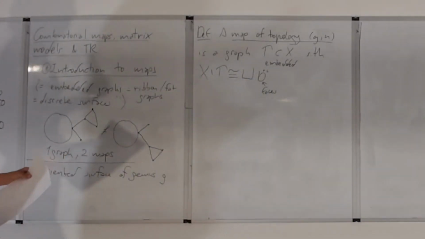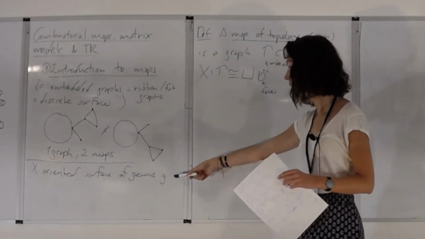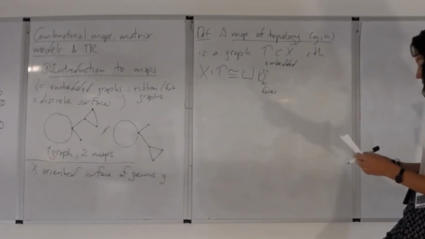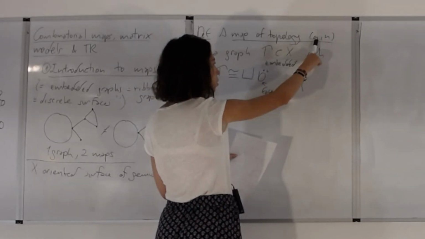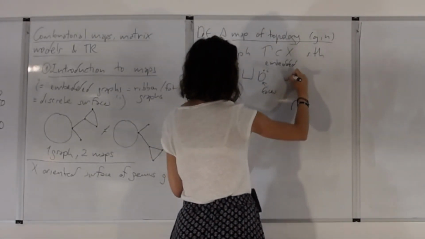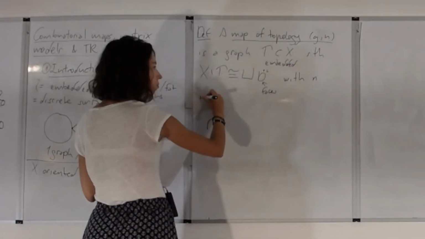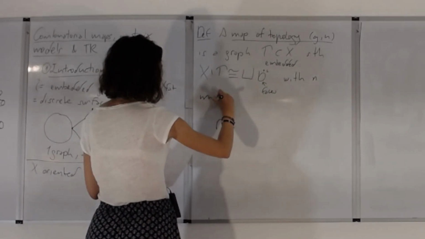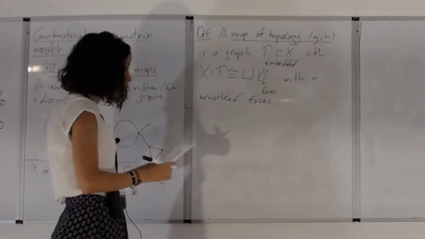Okay, so you can already see the g, because I took a surface of genus g. But what about the n? To say that it has n boundaries, so it has topology (g, n), we actually say that we mark n faces. And what do we mean by marking?